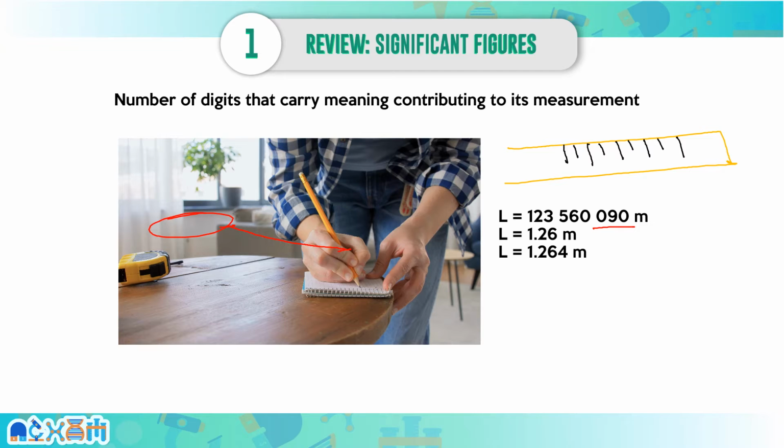And if we want to imagine a value as specific as this one, it means that from here, it should be divided up to a millionth degree. And that wouldn't be possible.